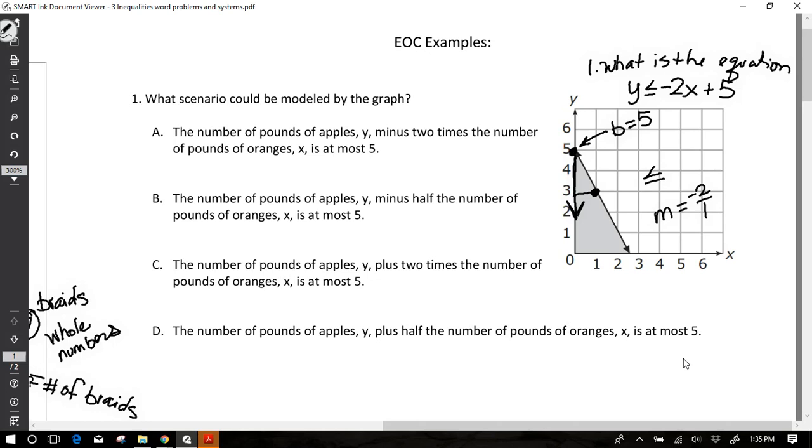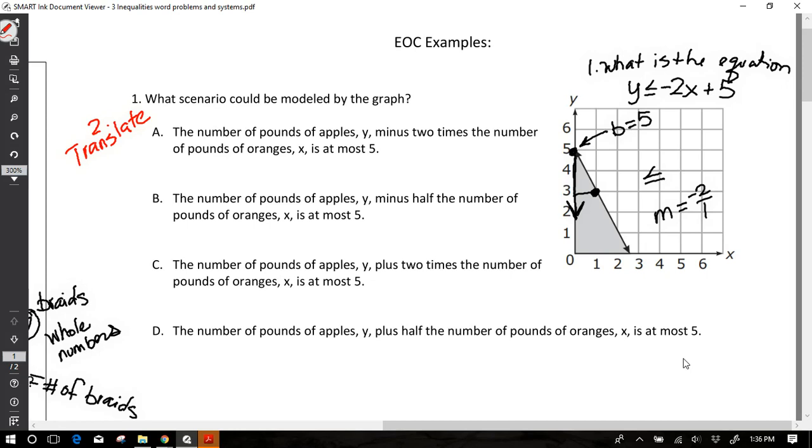Okay. So let's start with A. What we want to do now, my step 2, would be to translate all of my answer choices. So I'm going to try to translate just answer choice A, and I'm going to have you do B, C, and D, okay? But let's do the first one together.